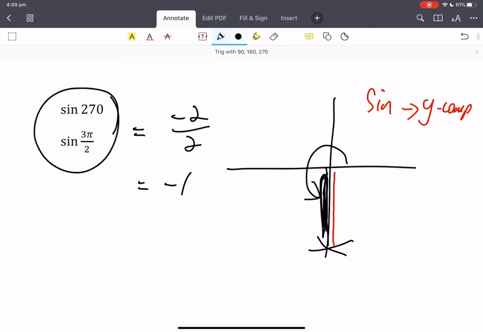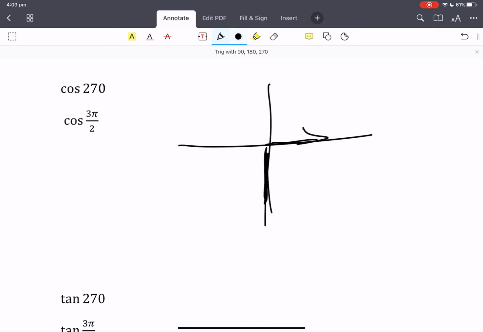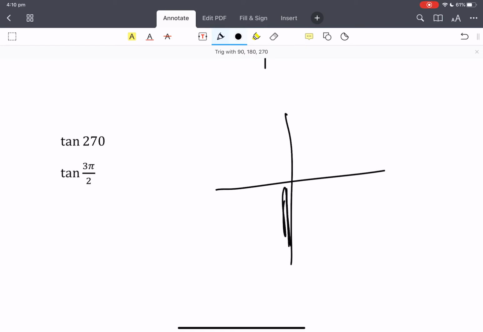So what's sine 270? Negative 1. Cos 270. Cos is the length of the horizontal line, which is 0 on 2. So what's cos 270? 0. Tan 270. That's a vertical line, that is.